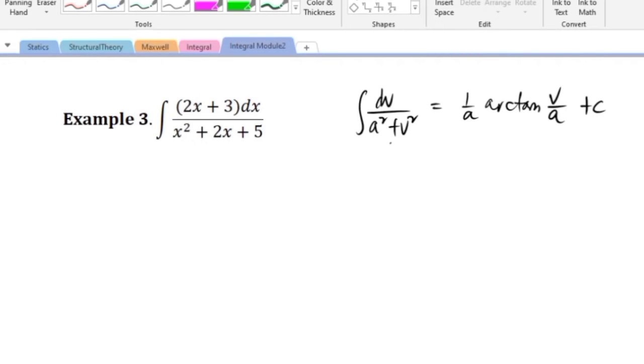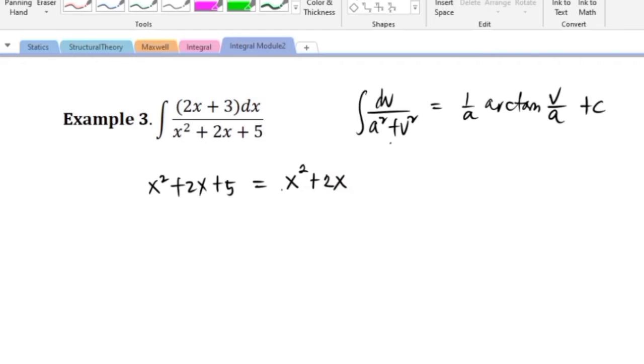So, anong gagawin natin? We are going to do completing the square. So, we have x squared plus 2x plus 5. So, ano nga yung ginagawa natin sa completing the square? So, dapat yung ating x square ay 1 lang yung coefficient niya. And then, we have here 2x.